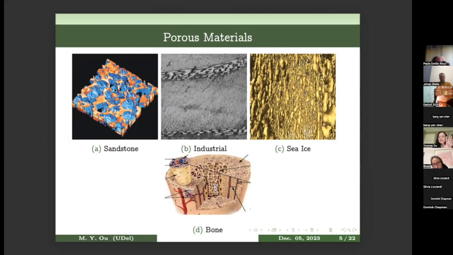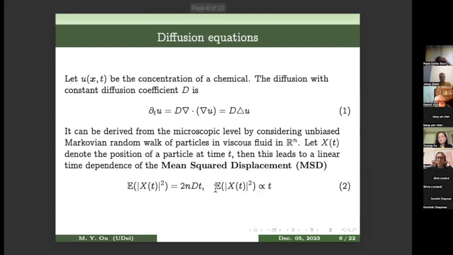Then you will see some phenomena which is slightly different from the usual diffusion equation we are very familiar with. So what is it? This microstructure, caused by the very complicated structure of the material, means a lot of physics, for example diffusion, will have to be modified. In what sense? I'm going to use this slide to say something about it.